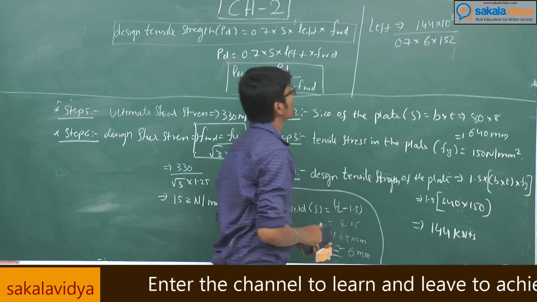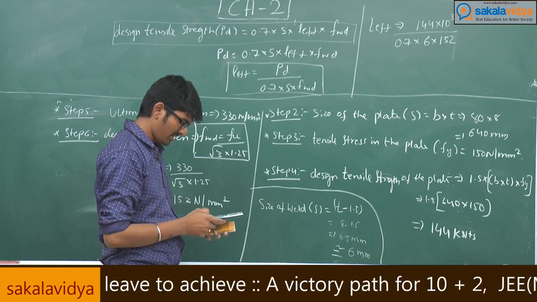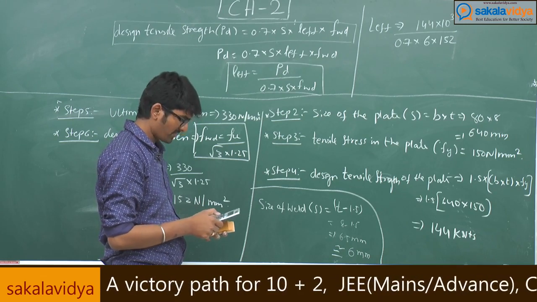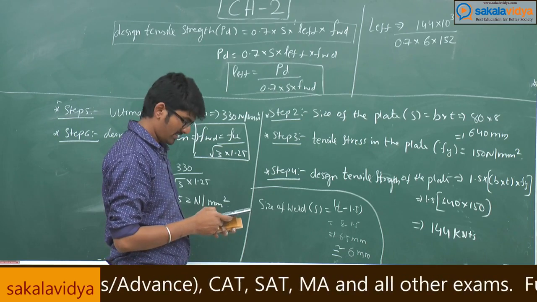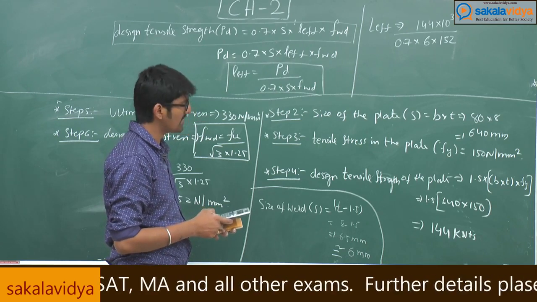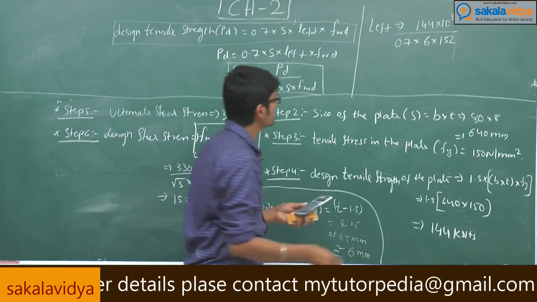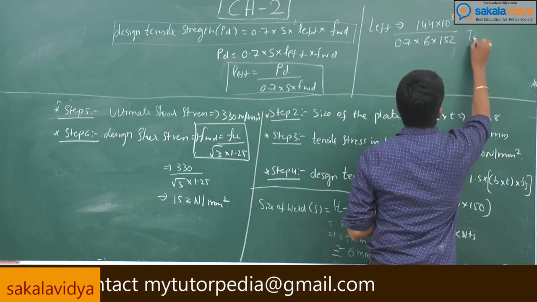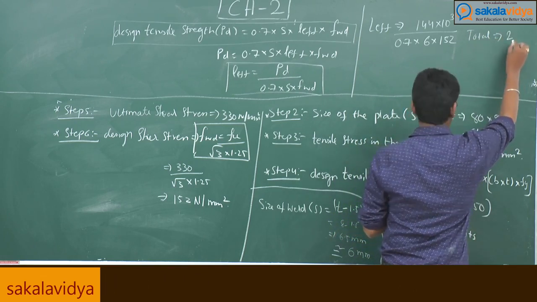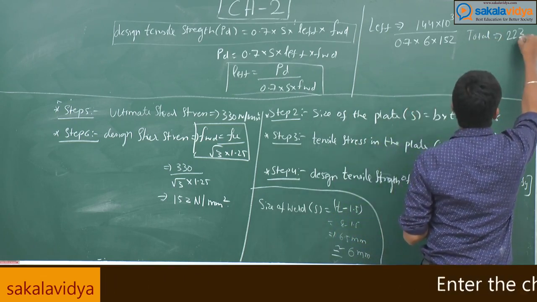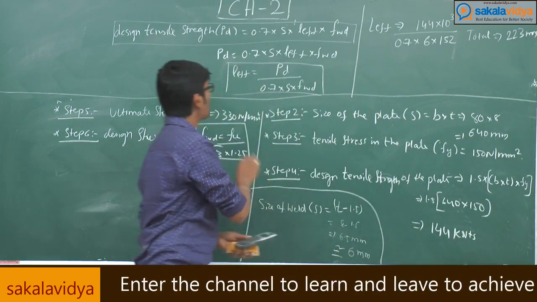So the total effective length is 144 into 10 power 3 divided by 0.7 into 6 into 152, which is 223 mm. It is the total effective length.